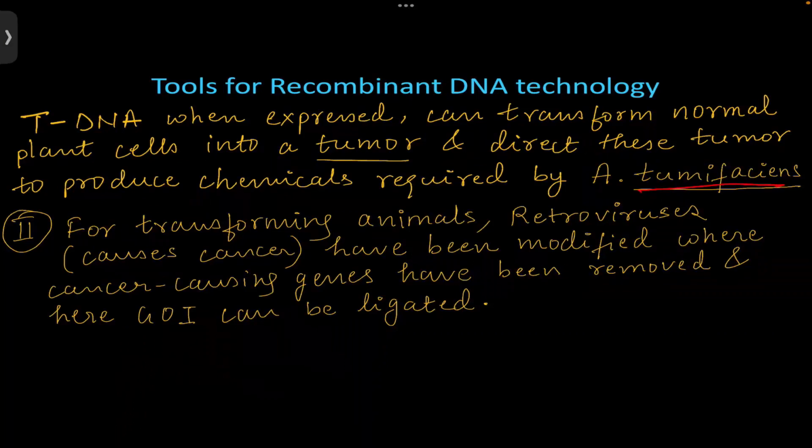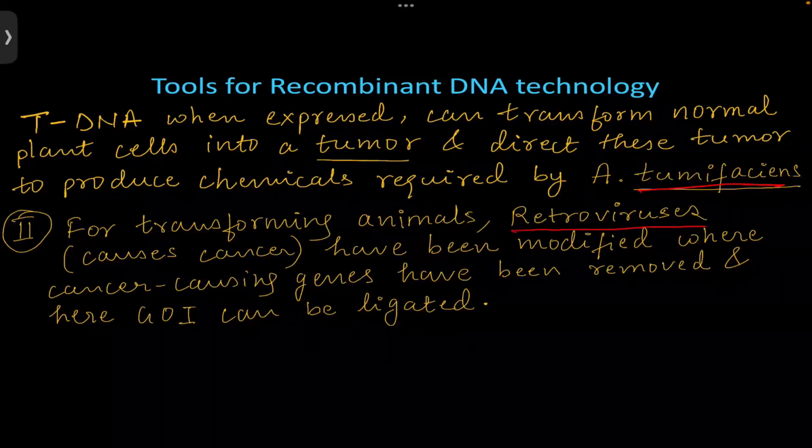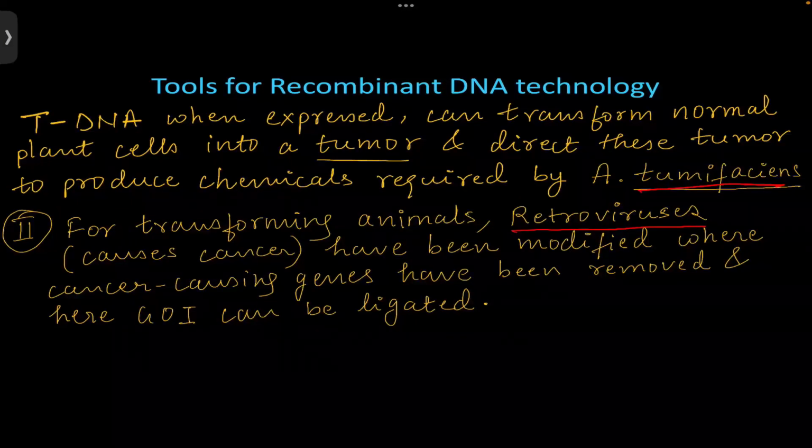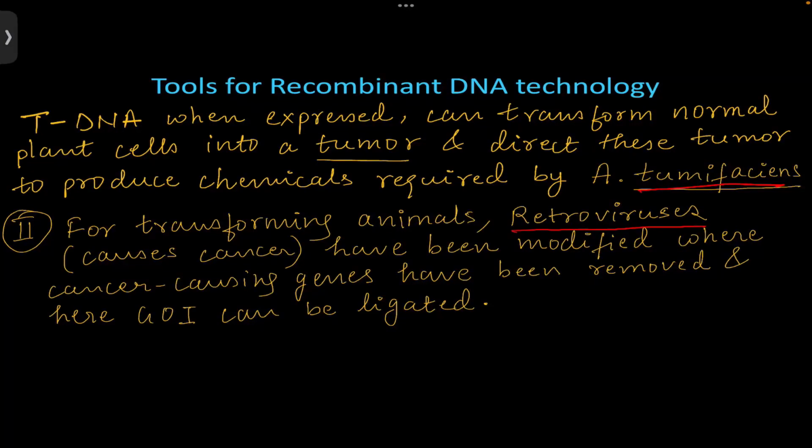Now, for transforming animals, people are using retroviruses. Retroviruses are known to cause cancer. They infect normal animal cells, and there are retroviruses for all types of mammals, humans as well. So they can infect a normal animal cell and transform it into a tumor cell. Here also the same logic can be applied.